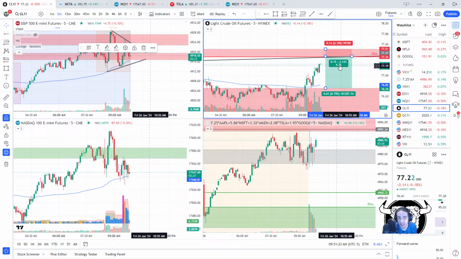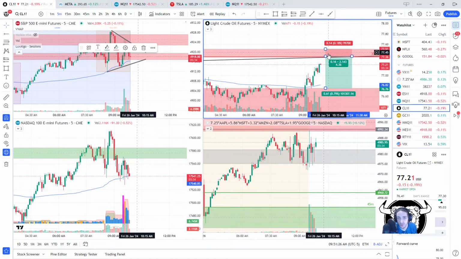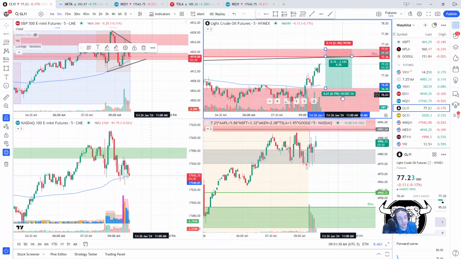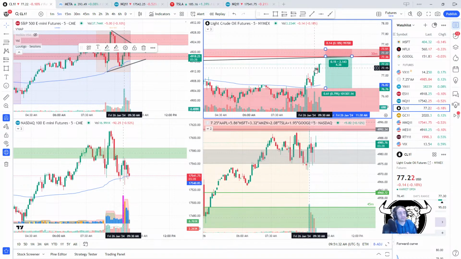It tells me how many contracts I would need to risk that much with a stop loss here, an entry here, and a target down here to tell me how much I'm going to make on that. So it's not easy, but with the right tools, it's not stressful, and we are in control. That's again why we want to trade, why we become traders.